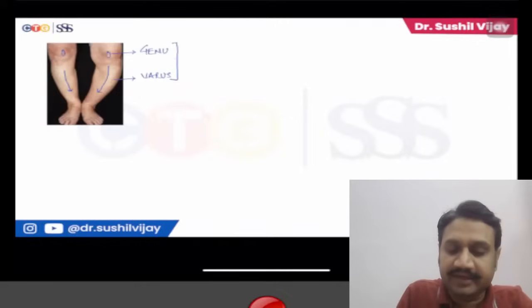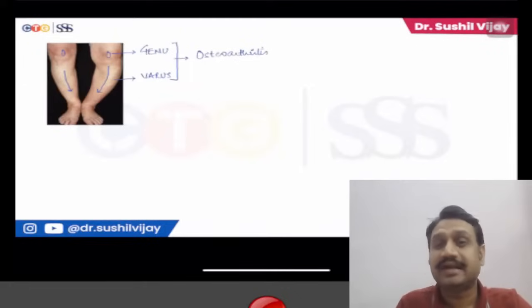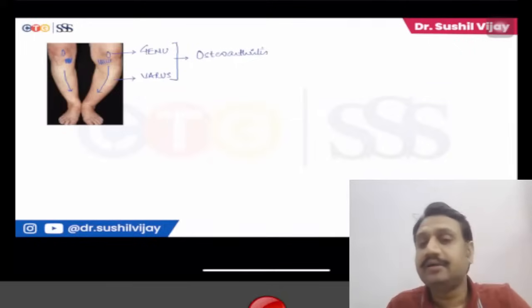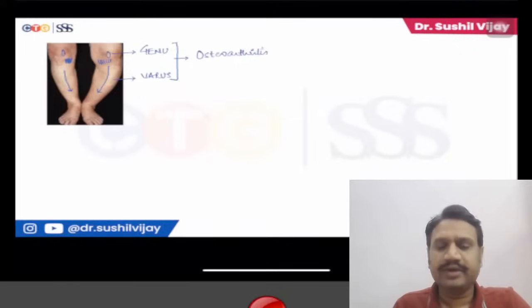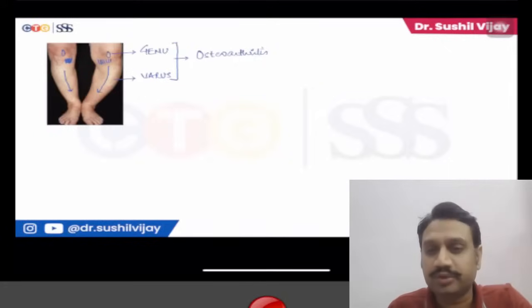And this is related to which pathology? That will be osteoarthritis, right? The most common problem that brings this kind of leg in our patient is osteoarthritis, and to which side? The medial compartment arthritis, so that the legs are deviated medially. This is OA, nothing very special in that, and you should know varus is the commonest deformity related to osteoarthritis.